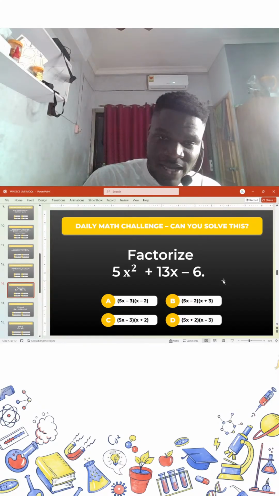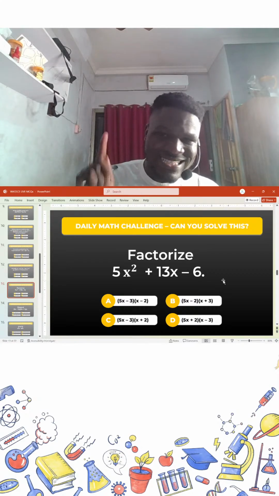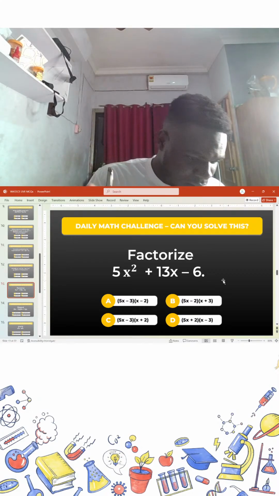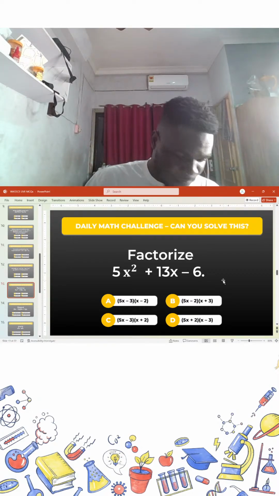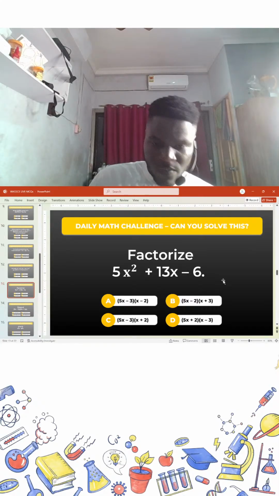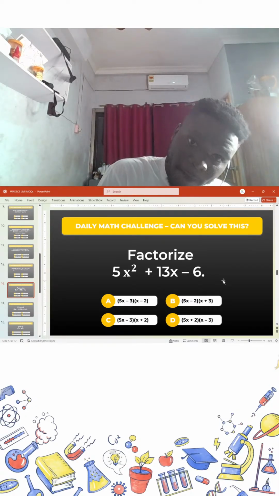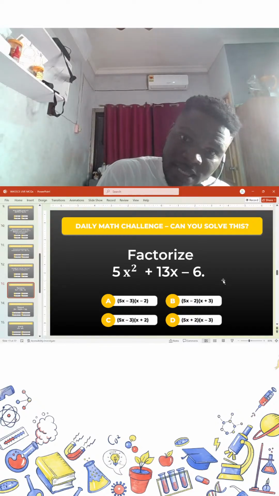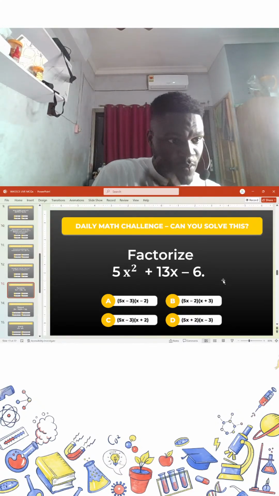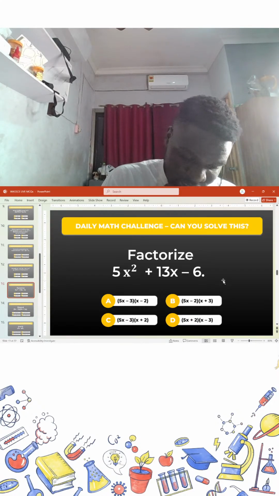We have to factorize 5x squared plus 13x minus 6. We have to factorize this expression. So let's look at that.